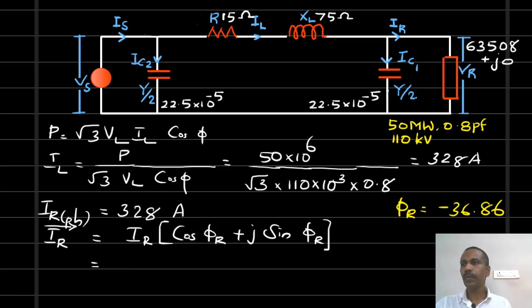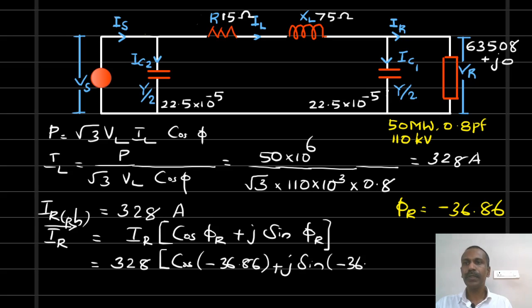So this is equal to 328 into cos minus 36.86 plus j sin minus 36.86.